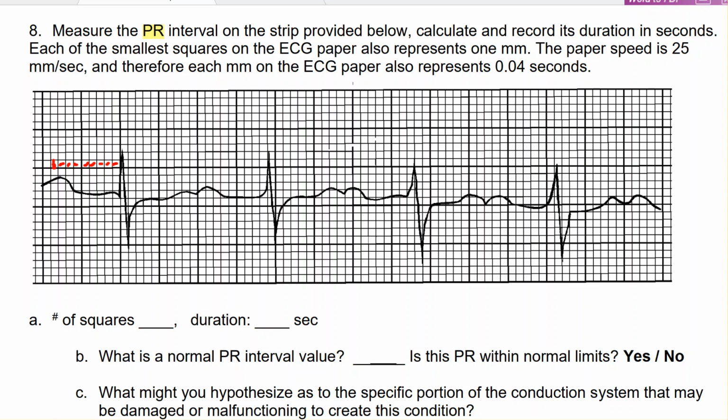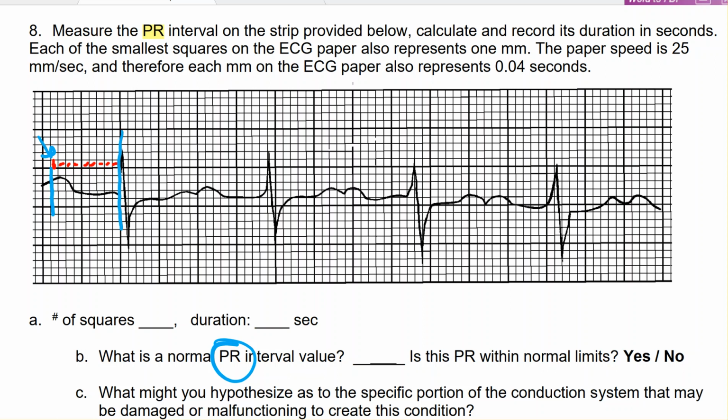Does it look abnormal in any way? It has you calculate a PR value. So you're going to pick the beginning of P, and you're going to go all the way to R. I have done that with little red dots right there.